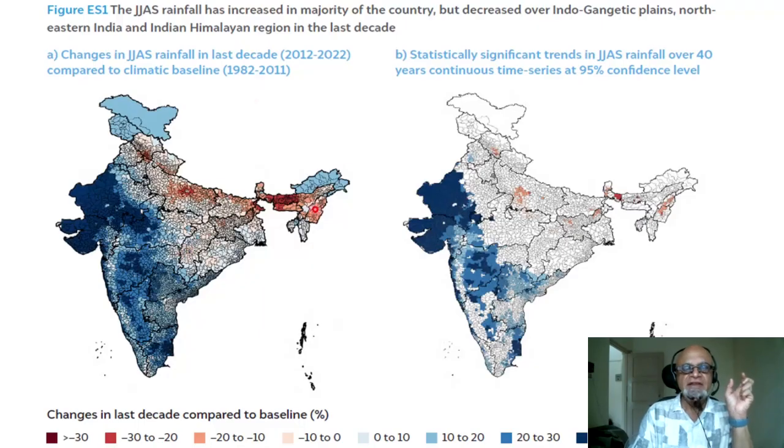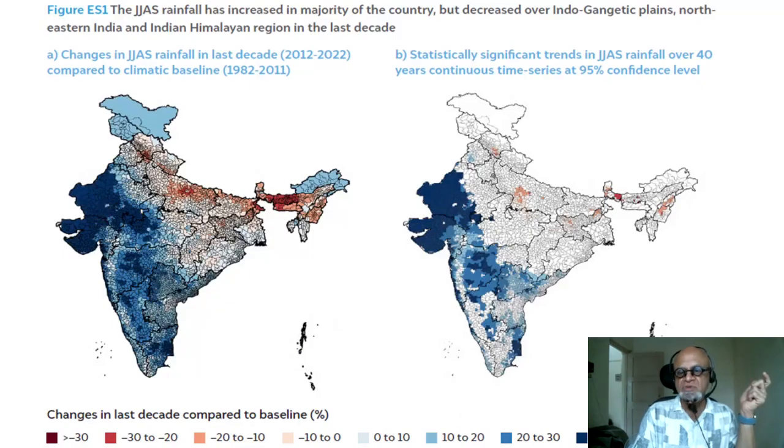So you have negative changes here, Himalayan foothills, northeast, and you have to be careful because India doesn't have data over Pakistan, Nepal, Bhutan, Bangladesh, so this can be kind of confusing, and we focus very much on the data we have, of course, but it doesn't change the fact that we have some seriously positive changes here.